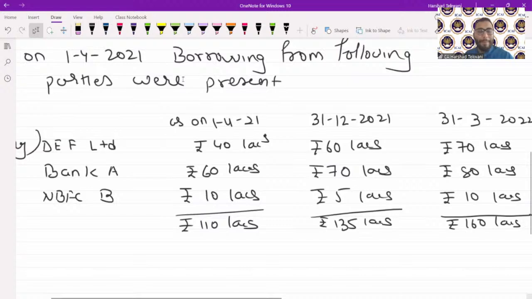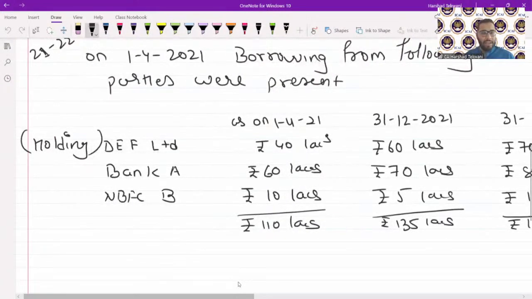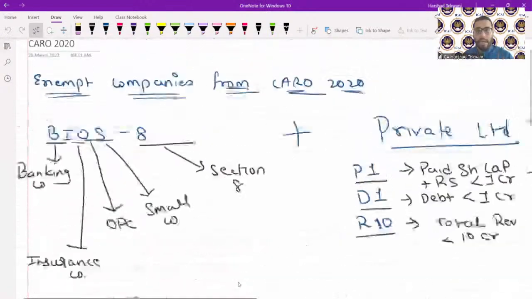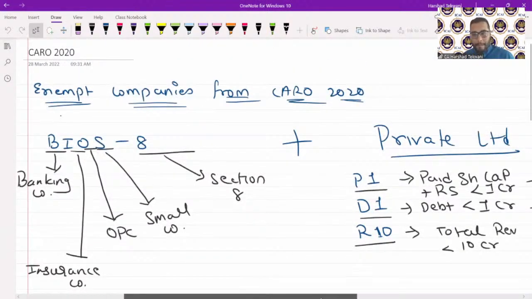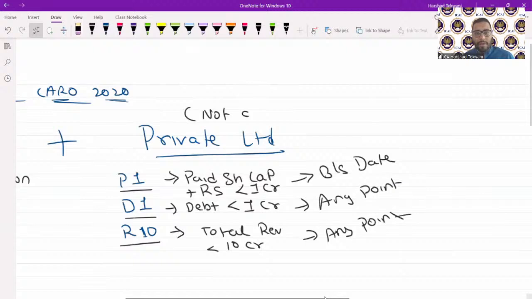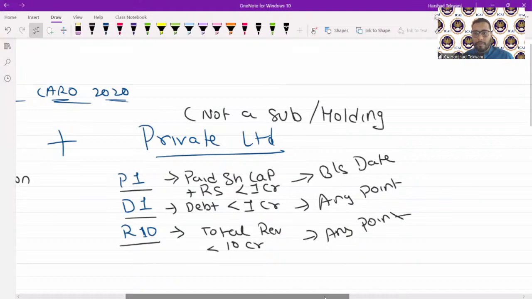Okay. So people who are saying the answer is same as before or it will not be applicable, you are incorrect. The reason is a simple change: DEF is now a holding company, a subsidiary of a public limited company. So as per CARO 2020, in case of private companies, the rule is not being a subsidiary or holding of a public company. So when I say private limited, it is not a subsidiary or holding of public.